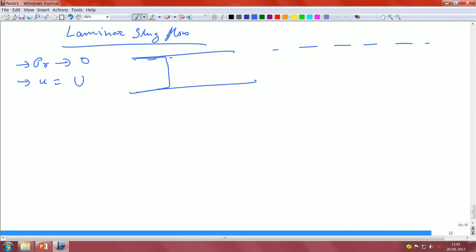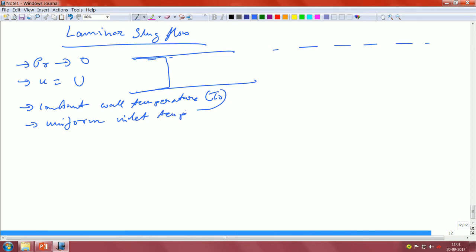So then we assume a constant wall temperature, which is T naught, okay, and a uniform inlet temperature, which is T in. So these two assumptions are basically still the same. You can define now G equal to T minus T naught divided by T in minus T naught.